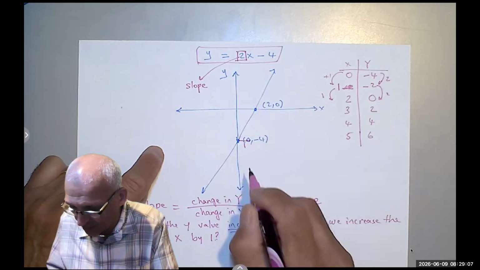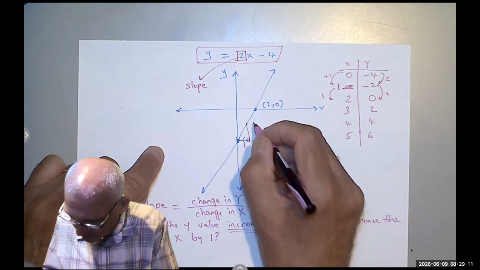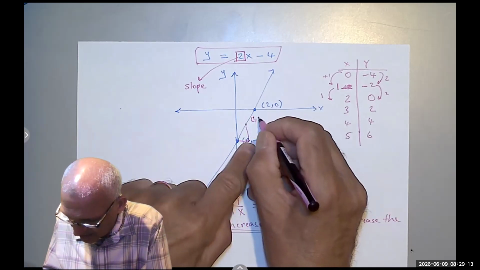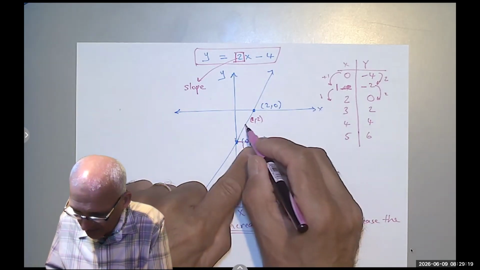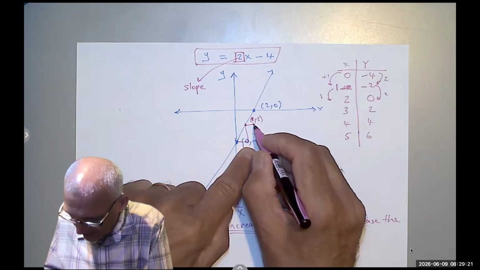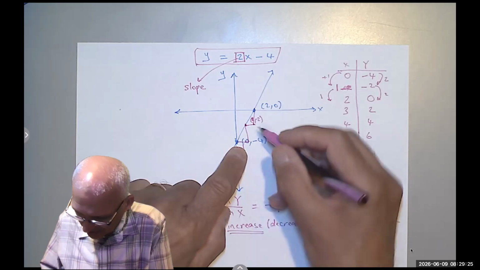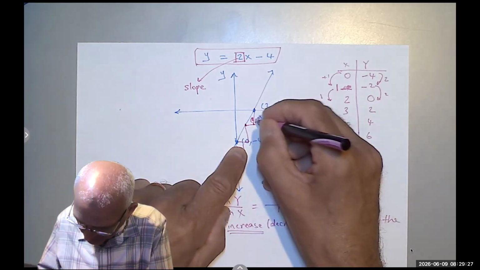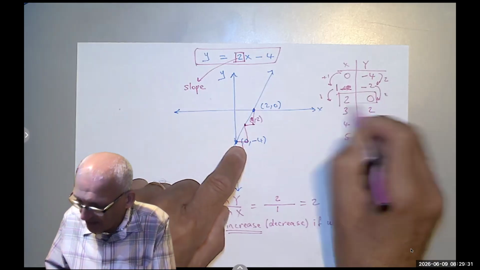X increases by 1, this would increase by 2, so it would be 1 and -2 instead of -4. It would go up by 1. I go 1 and 2. So that would be 2 and 0. I go from -4 to -2, from -2 to 0, and that's the 2 and 0.